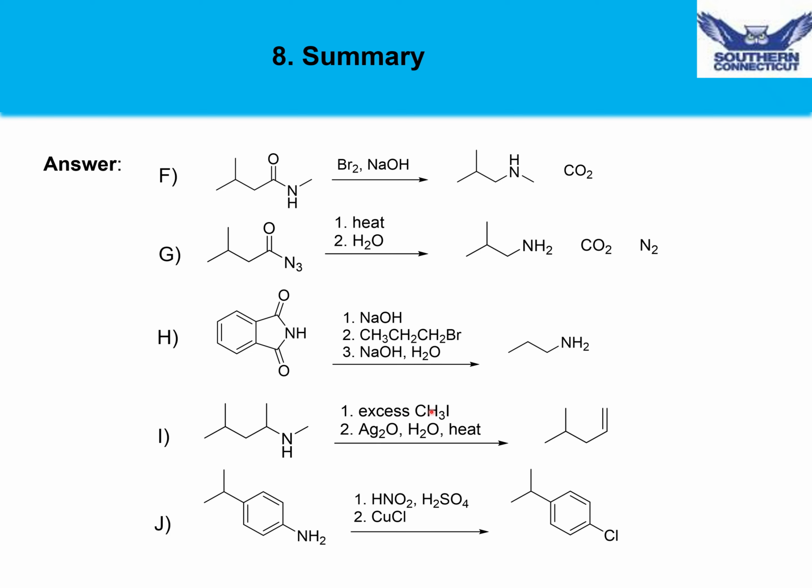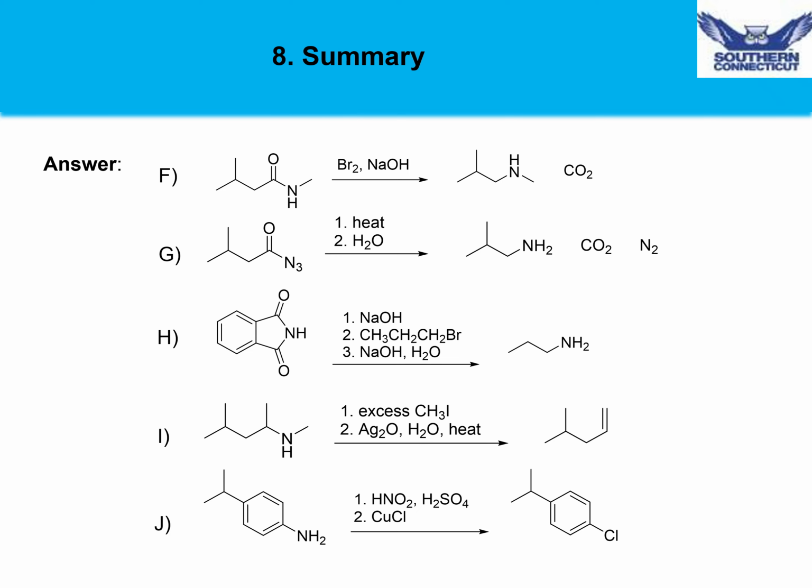The next reaction is an example of the Hofmann elimination where excess methyl iodide will alkylate the nitrogen to the maximum extent. In this case, we're going to add 2 more methyl groups. Then silver oxide and water will produce hydroxide ion, which will lead to an elimination reaction.